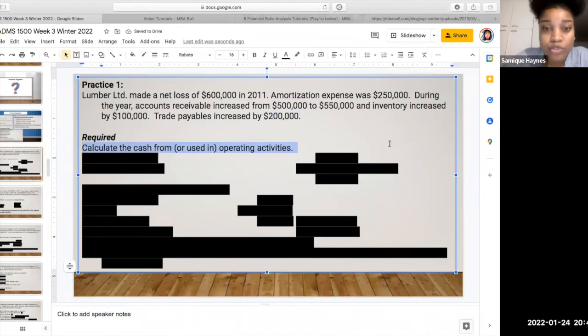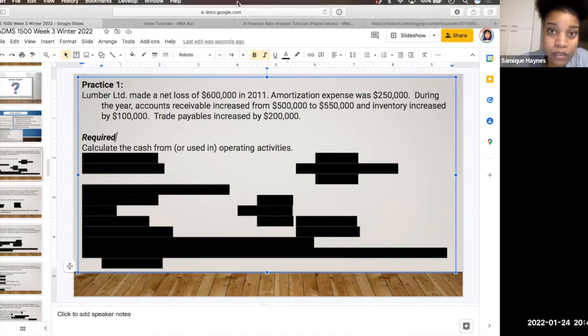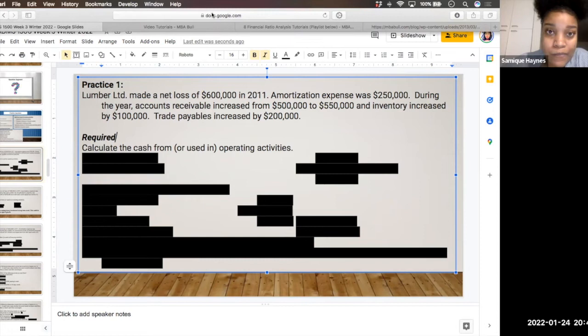During the year, accounts receivable increased from $500,000 to $550,000, and inventory increased by $100,000. Trades payable increased by $200,000. Calculate the cash from or used in operating activities. I'm gonna give maybe 1 minute for this question. This is something that you can see in multiple choice questions as well.